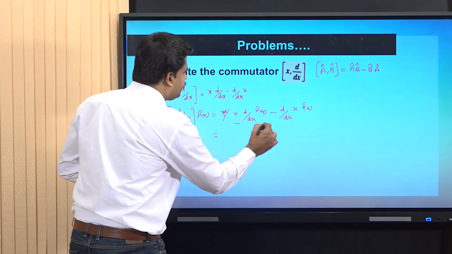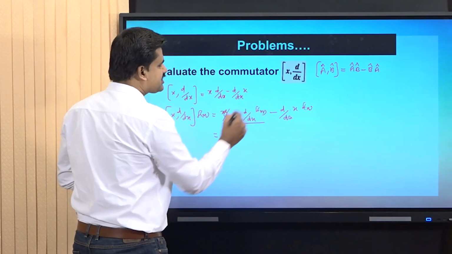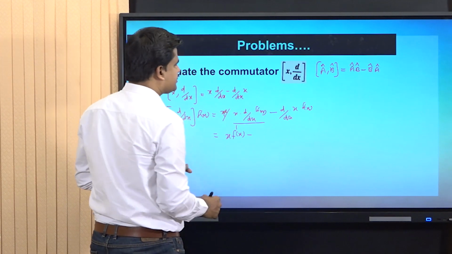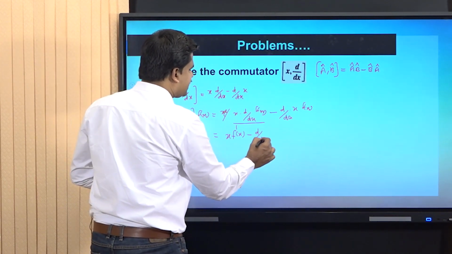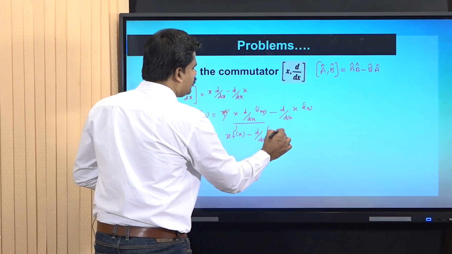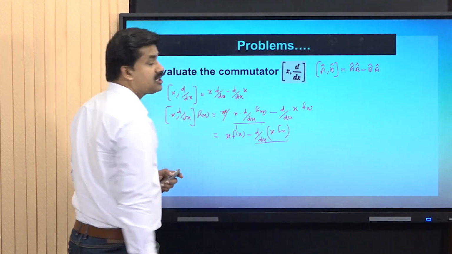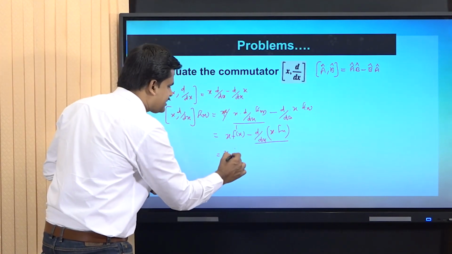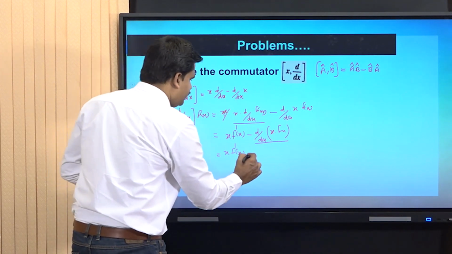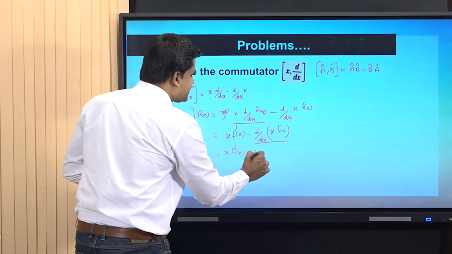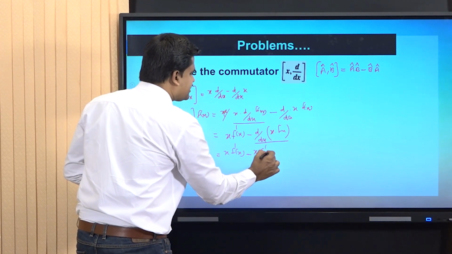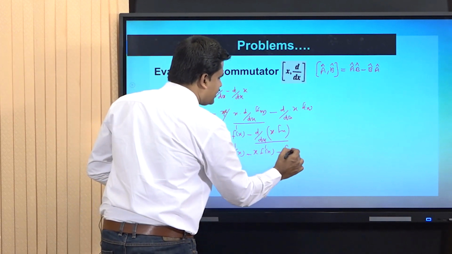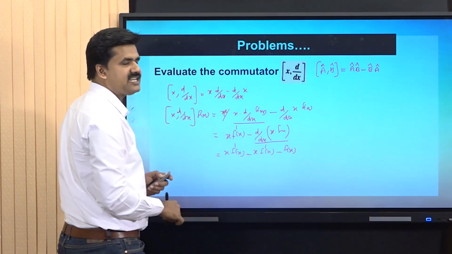So the first term, that is x into d by dx of f of x, I can mark as x f dash x, minus d by dx of x into f of x. Here we have to apply the product rule of differentiation. That is, applying this: x f dash x minus first function, that is x, into differential of the second, that is f dash x, minus second function, that is f of x, into differential of the first, that is dx by dx.